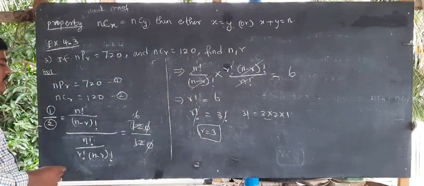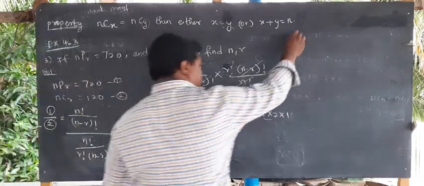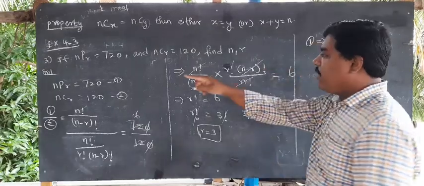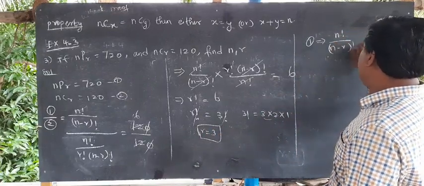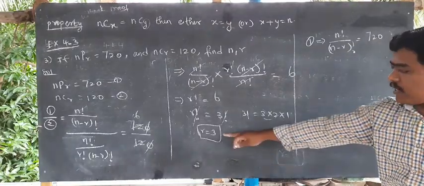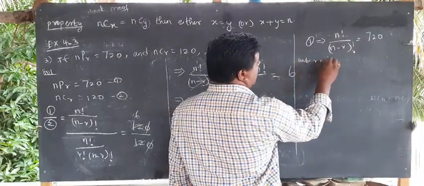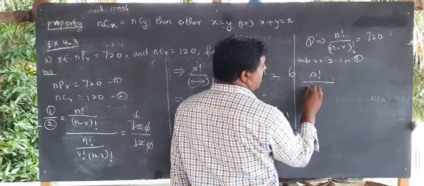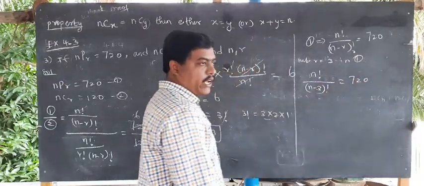So in equation 1, we substitute the r value. Equation 1: nPr, n factorial by (n minus r) factorial, is equal to 720. So we are getting r equals 3. Substitute r equals 3 in 1: n factorial by (n minus 3) factorial equals 720.